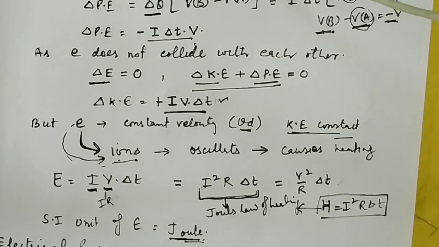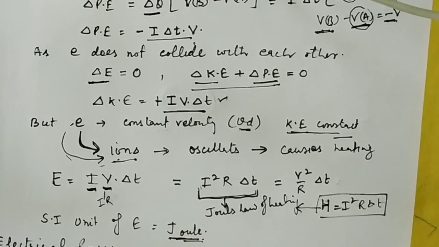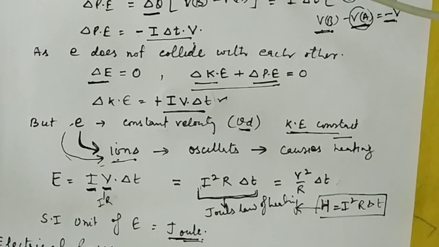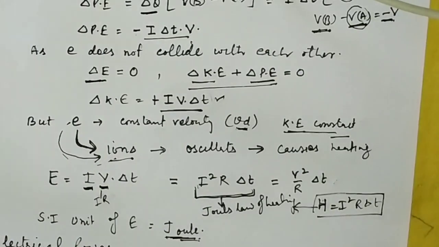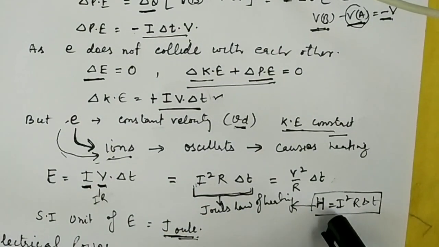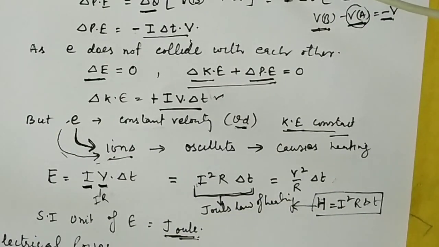From this we observed that whenever the electron moves inside a conductor, it loses its energy in the form of heat. And the relation I square R delta T is also known as Joule's law of heating.